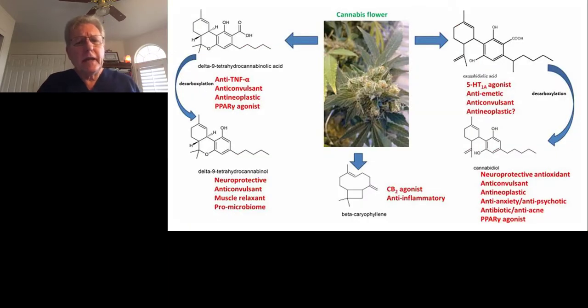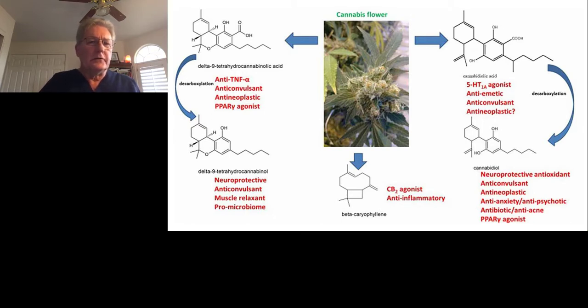Now, when the cannabis flower is harvested, it contains mostly acid, but temperature and light will help the decarboxylation, or the conversion of the acid form of that cannabinoid to the neutral form.